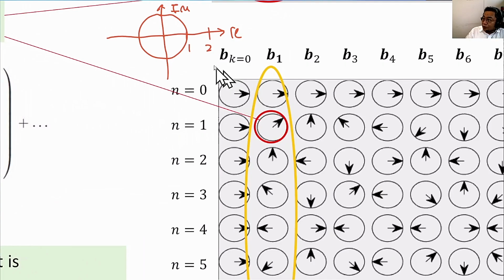This is the origin over here, and this is -1 and -2. On top is j, and the bottom is -j. So if I want to denote a vector that has value 1, I put it here.